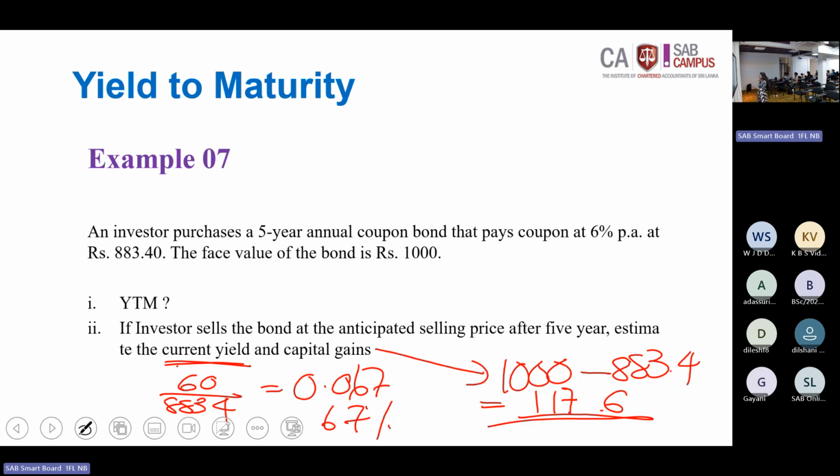So therefore, write it down. Current yield equals 60 divided by 883.4, which equals 6.7%, and on the next line, capital gain equals 1000 minus 883, which equals a capital gain of 117.6. Right.